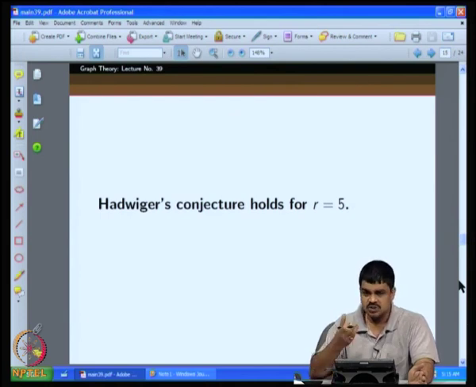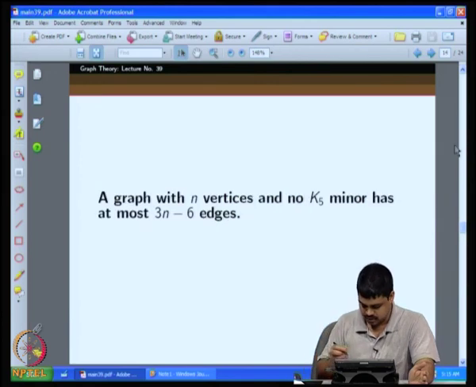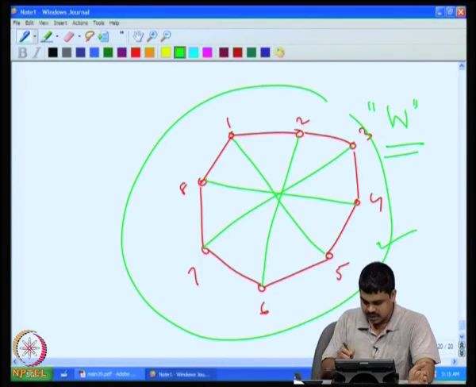Why? Because we are constructing these edge maximal graphs without K5 minor from plane triangulations, which are obviously colorable using 4 colors by the four color theorem. We have already studied that. And this particular graph W can definitely be colored using 4 colors.